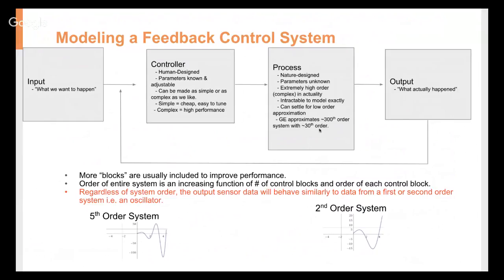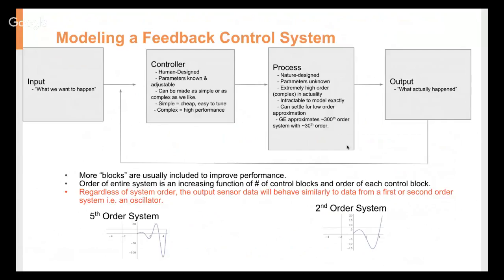For instance, General Electric has approximately a 300th order process. And they approximate it with a 30th order process, which is still huge. So we can settle for a low order approximation of the process, but how low are we willing to go before it starts just completely biasing our results? So these are some main questions that we have to ask ourselves if we want to model this feedback control system.